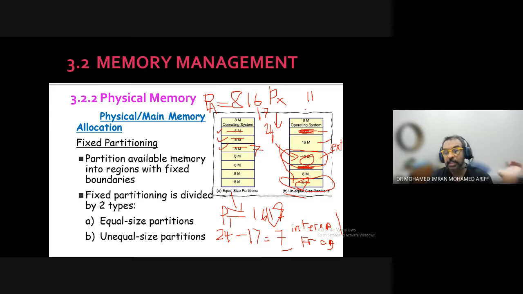Why do we call it external fragmentation? Because let us say there is a process coming in. Okay, process B pula. And the size of process B is 10 megabyte. It cannot go in here because sini tak cukup, sini tak cukup. But if you combine these two empty spaces, which is 11, then this process can go in.